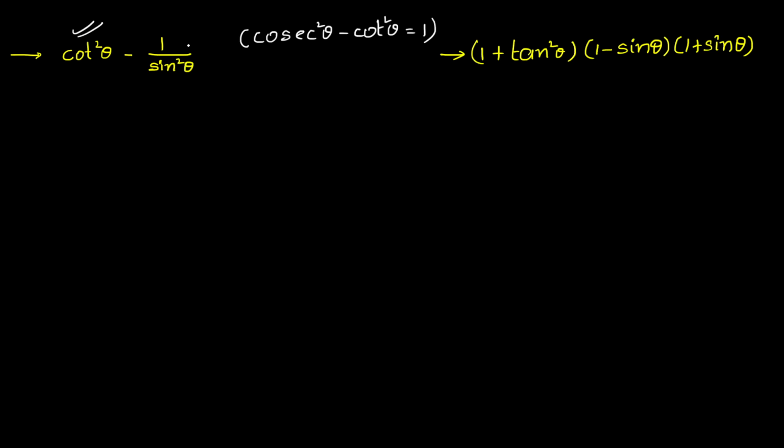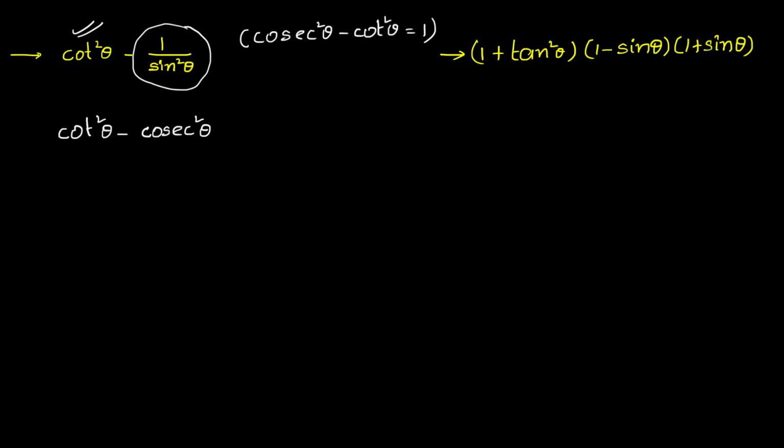If you observe carefully, 1 by sine square theta, and 1 by sine is nothing but cosecant, because cosecant is the reciprocal of sine. So 1 by sine square theta becomes cosecant square theta. So cot square theta minus cosecant square theta.